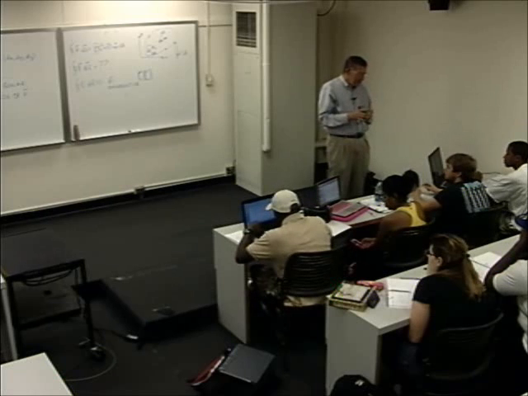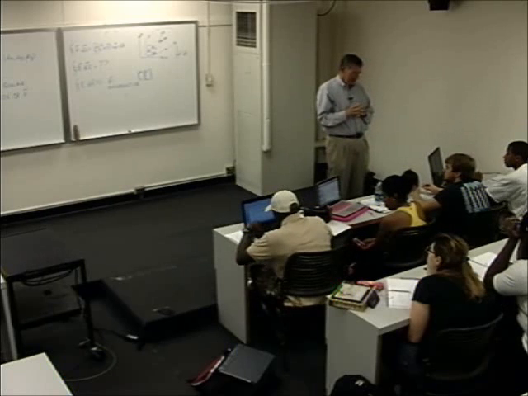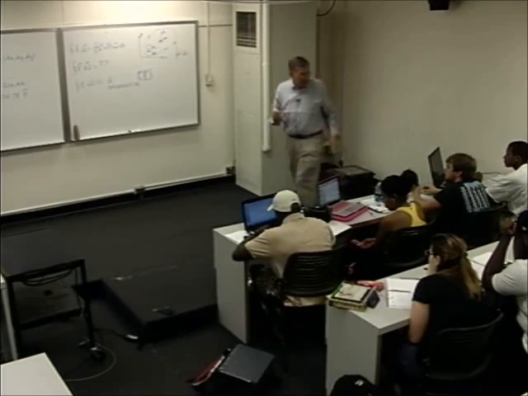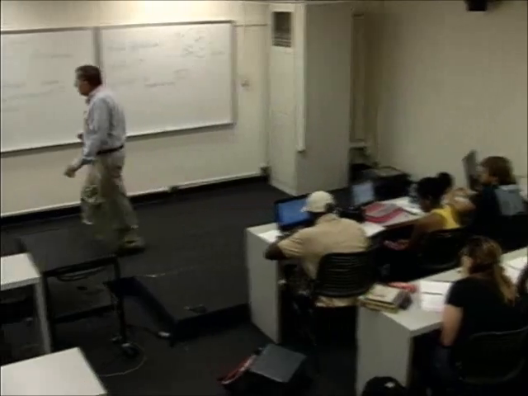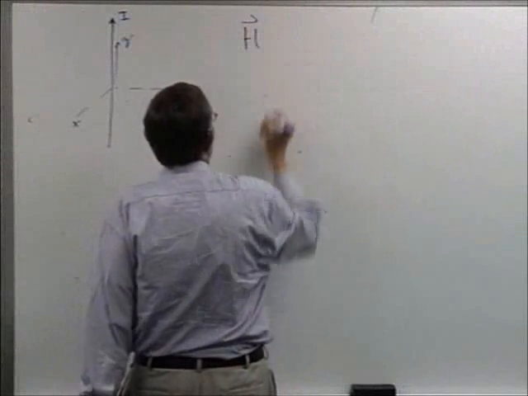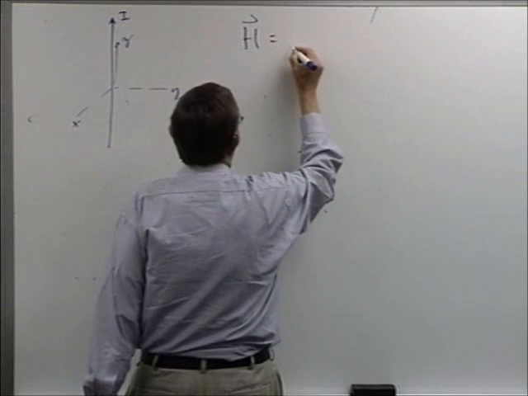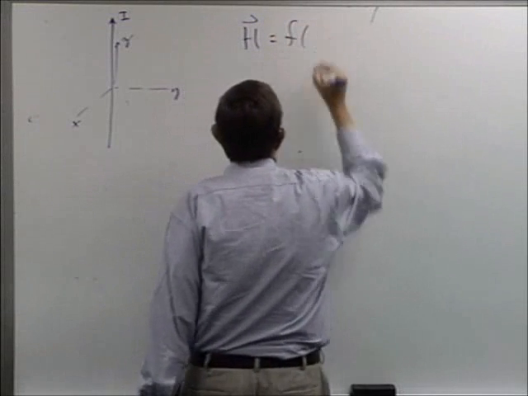Is there going to be any variation in theta? No, because if you go anywhere around it, it's going to look the same. So there's no variation in theta, and there's no variation in Z. So if you want to calculate the H field, it's only going to be a function of what?